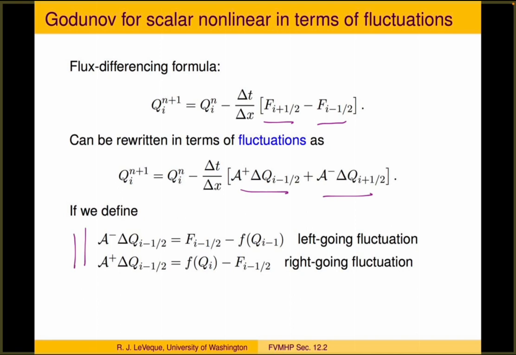So all you have to do is define A minus delta Q to be the difference between the interface flux, whatever you've calculated in your flux differencing formula, minus the flux in cell I minus 1, the cell on the left of the interface. And A plus delta Q similarly is the flux in the cell on the right minus the flux at the interface that came out of your flux differencing formula.